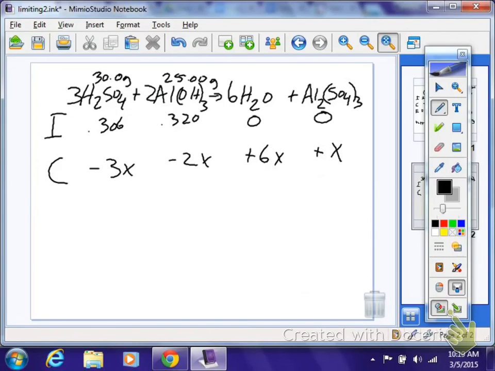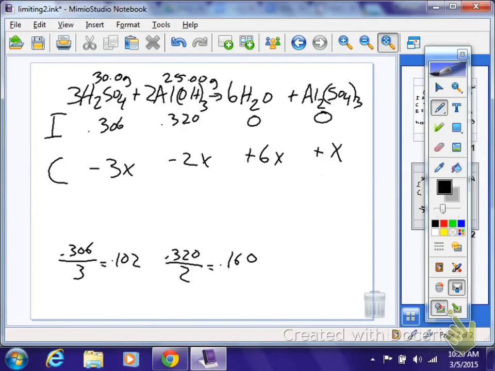And both of those I have to do to calculate my x, to see which one I want to use. So down here I'm going to put 0.306 divided by 3, and that gives me 0.102. Then I'm going to take the 0.320 divided by its coefficient, 2, and I get 0.160.